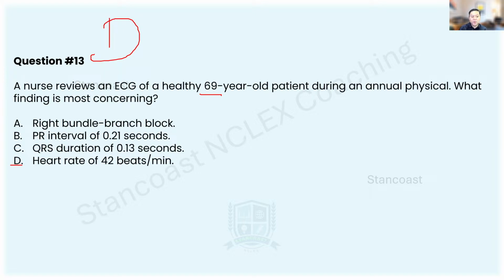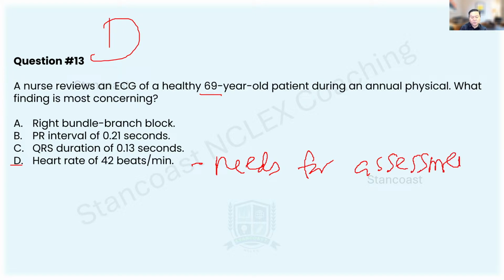So we want to investigate further. It needs more assessment, because typically when the person grows older, the heart rate will go up, not go down. So this is something that we need to assess better. Maybe the person now is having a degree of heart block or bradycardia.